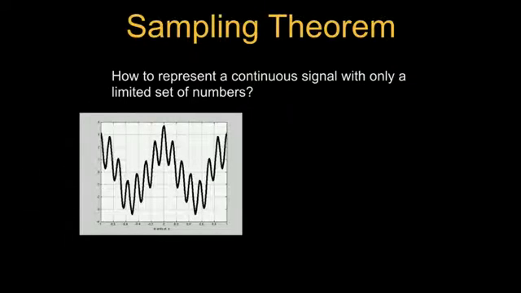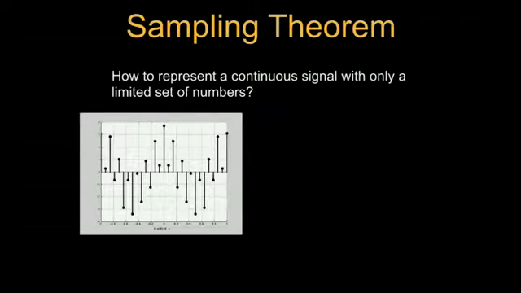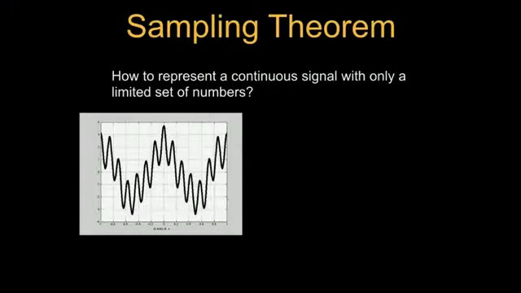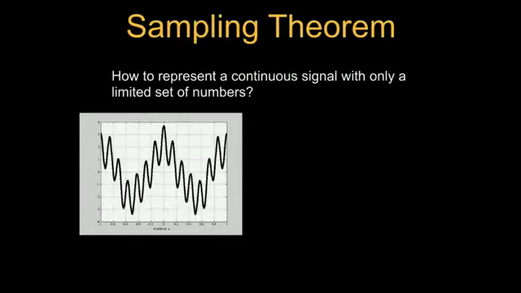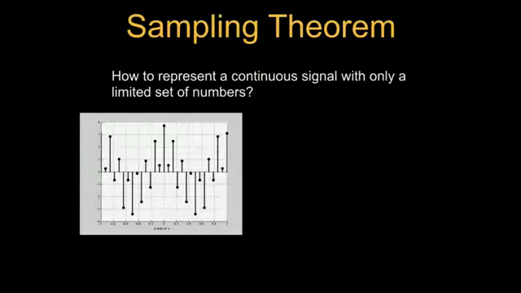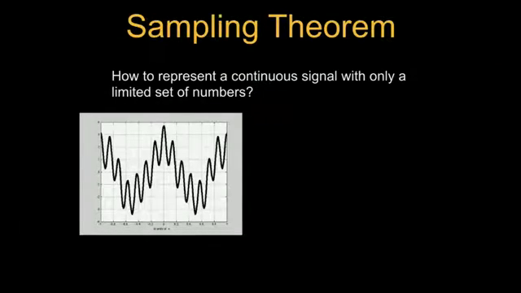Well, let's look at the question of which points to sample first. Can we go from this representation to this representation and not lose any information? Well, they look quite different. And we'll learn that actually, if you sample at the right positions, you can actually recreate the signal.